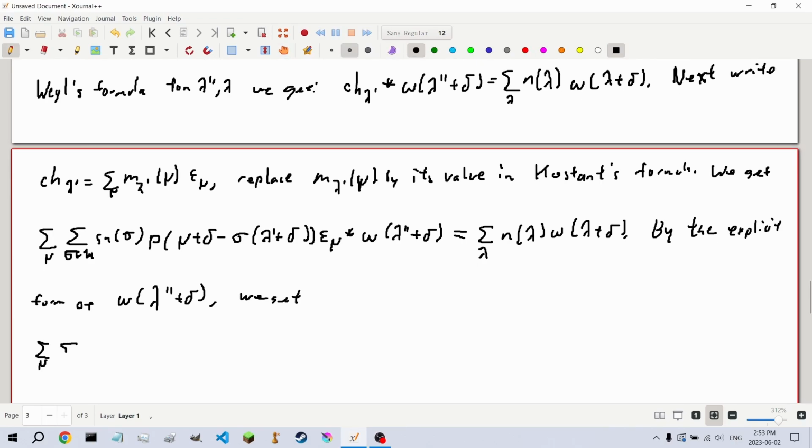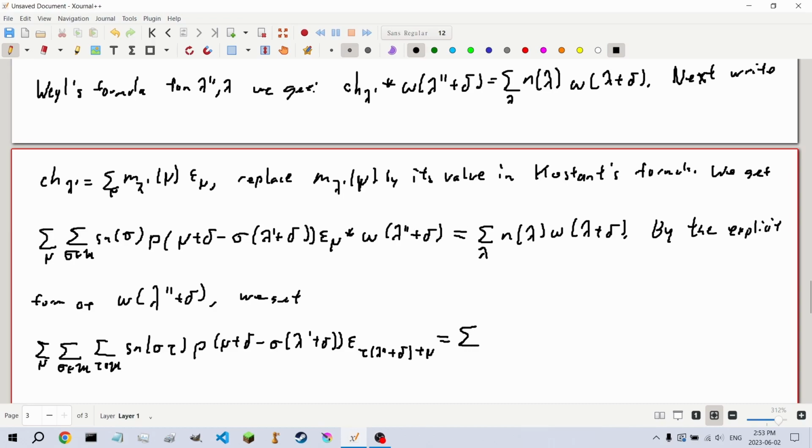We sum over mu, we sum over sigma in the Weyl group, and we sum over tau in the Weyl group of the sign of the composition of sigma and tau times p of mu plus delta minus sigma of lambda prime plus delta scaling eta of tau of lambda double prime plus delta then plus mu is equal to the sum over lambda times the sum over sigma in the Weyl group of our scaling factor of n, counting lambda, times the sign of our sigma times epsilon of sigma times lambda plus delta.